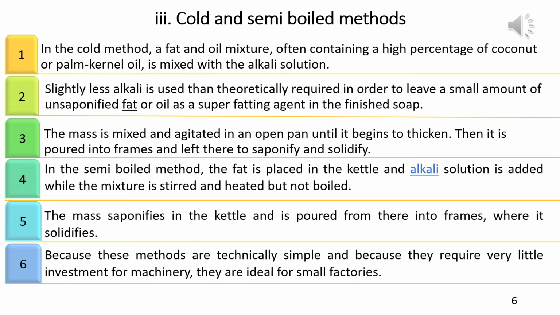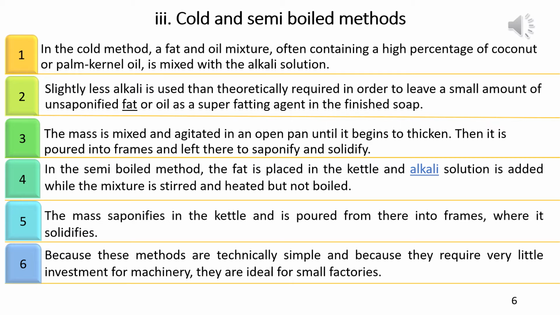Number 3, the mass is mixed and agitated in an open pan until it begins to thicken. Then it is poured into frames and left there to saponify and solidify. After this the mass is mixed and shaken in an open pan until it begins to thicken.